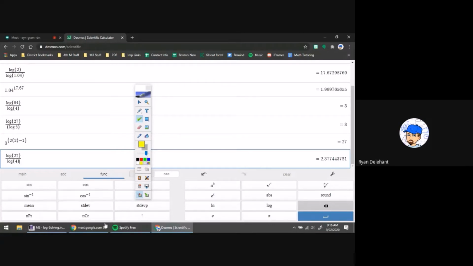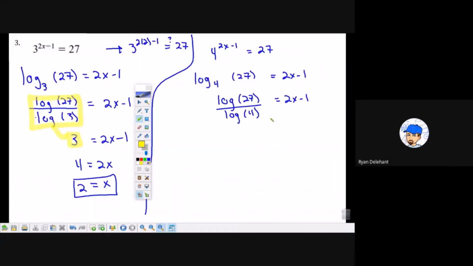So when you get one like this, what I suggest, since this number wasn't pretty, is to just write this down, knowing that we have to plug this into the calculator and figure out what to do after I find that number. Meaning I had 3 and I added the 1. So what I have here is log 27 over log of 4. And I know I can find that number. I'm just going to plug it in the calculator and find it.